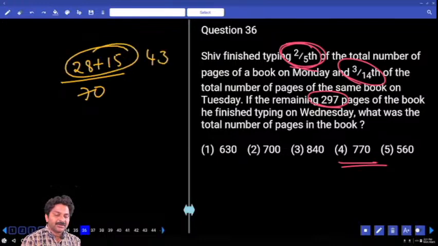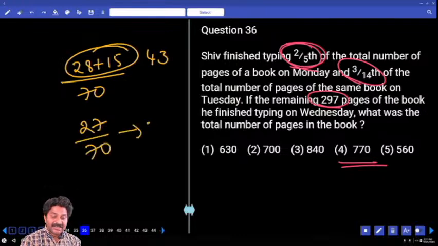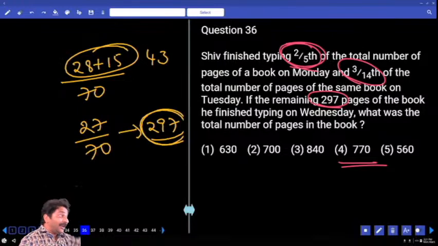If 43 is over out of 70, remaining is 27 parts out of 70 only, which is equal to 297. 297 is 11 multiple. Left hand side numerator, there is no 11 multiple. Then our total must be 11 multiple. When you go to options, there is only one 11 multiple, 770. That's our final answer. Understood?